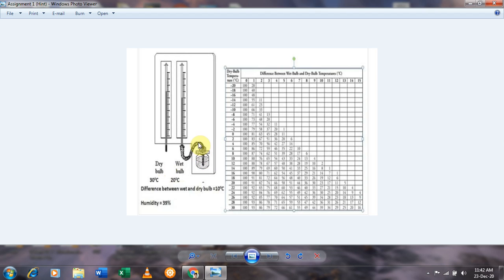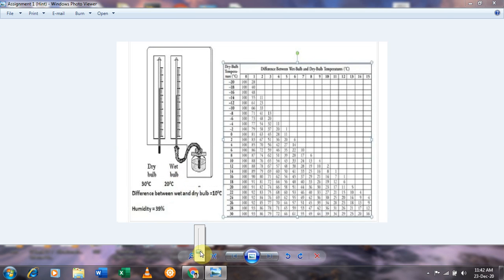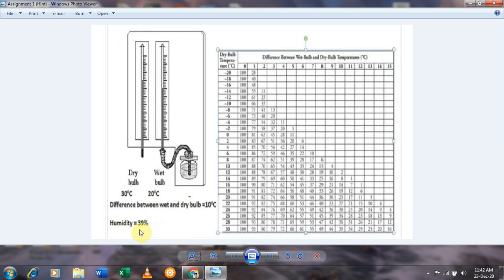The temperature of the wet bulb will be lower compared to the dry bulb. The dry bulb is 30 degrees centigrade but the wet bulb is 20 degrees centigrade. You can see the difference between the two in the chart: 30 minus 20, 10 degrees centigrade is the difference.